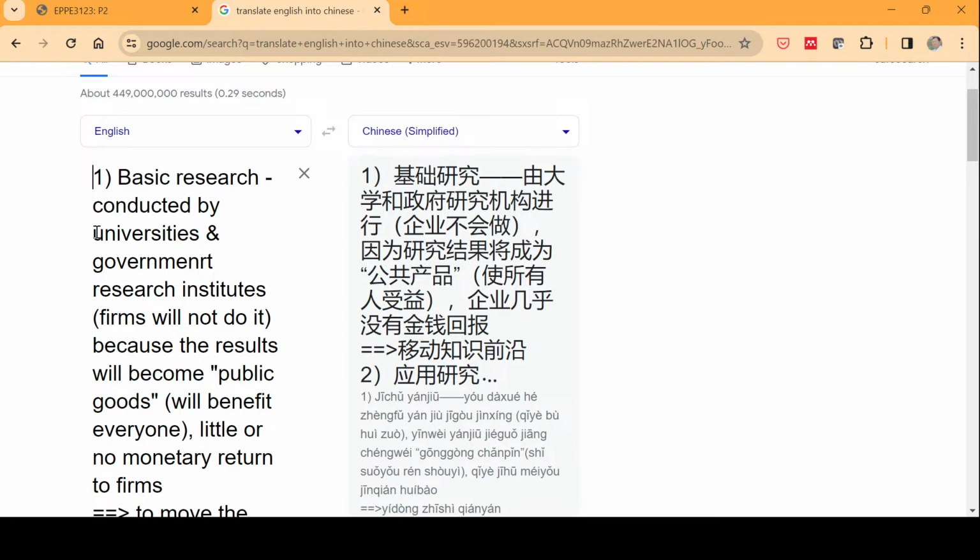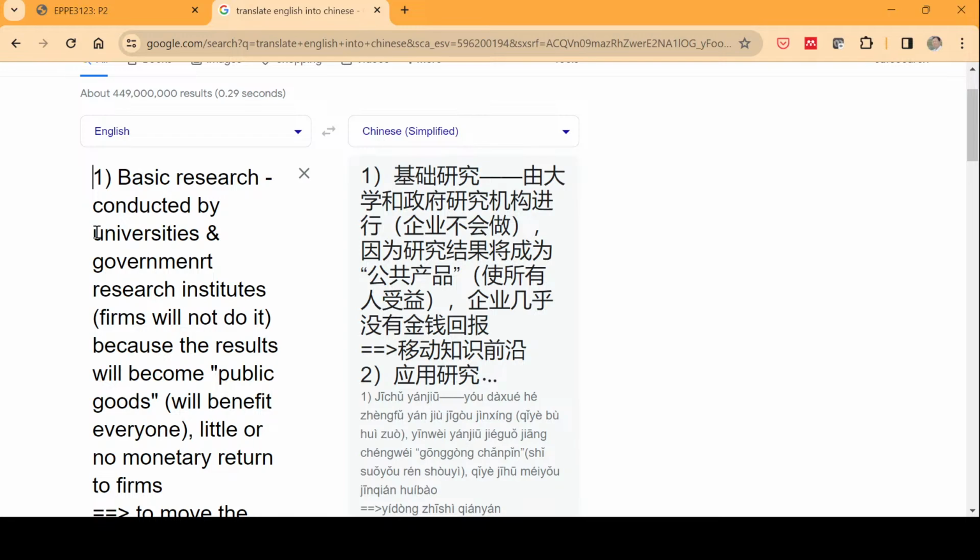So there are two types of research: basic research, conducted by universities and government research institutes only. Firms will not do it because the results will become public goods that will benefit everyone. As a result, little or no monetary returns to the firm.